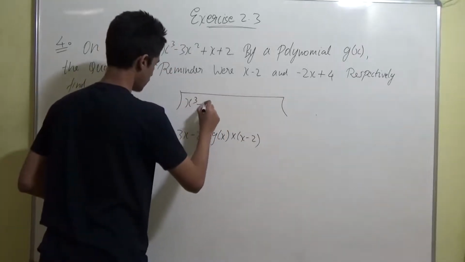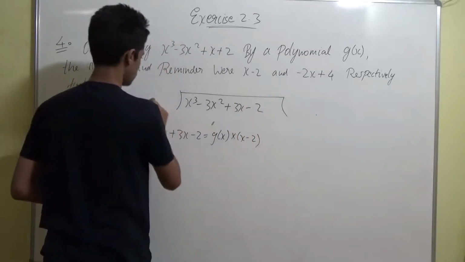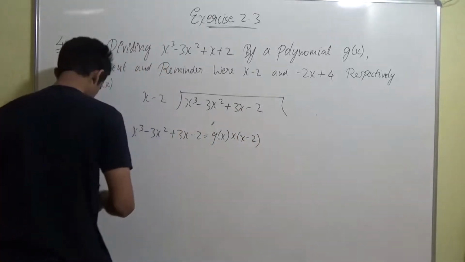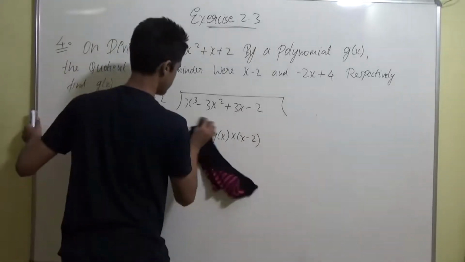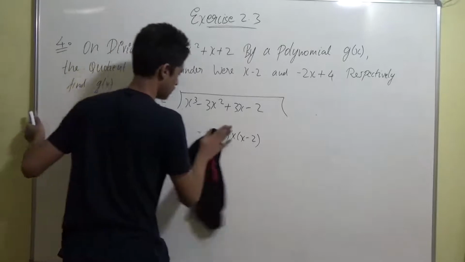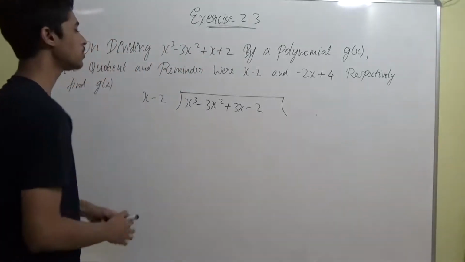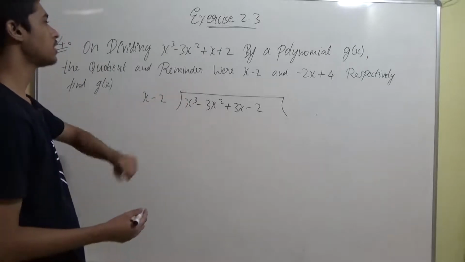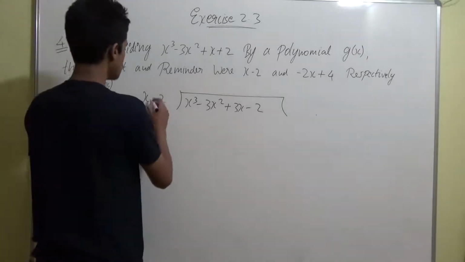Let me copy it down and then let's rub it, guys, and then we'll go further. Right, now we can rub this off. So now we'll do the division, guys. The quotient which we get is going to be g of x.